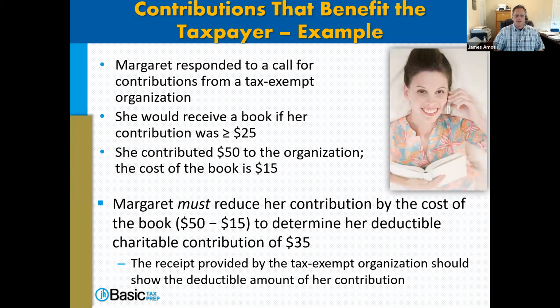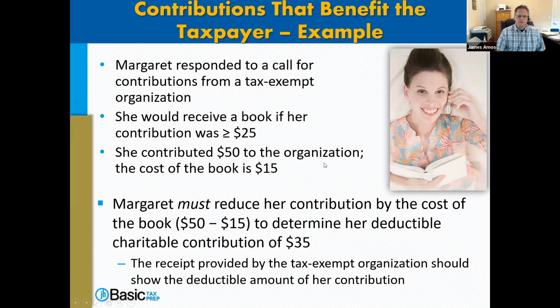Now, contributions that benefit the taxpayer. This is exactly what we were talking about earlier. If I buy cookies and I give $30, but I'm really only buying $20 worth of cookies, I can take the other $10. Another example: Margaret responded to a call from a tax-exempt organization. She would receive a book if her contribution was equal to or greater than $25.